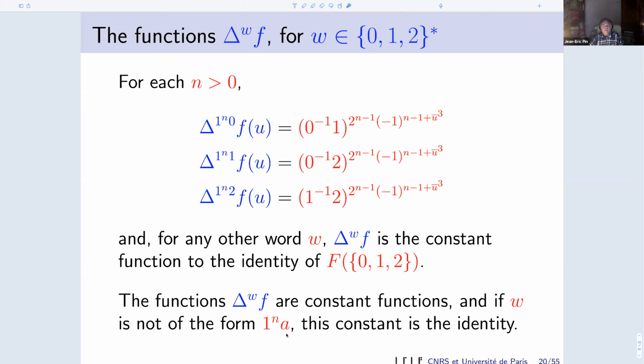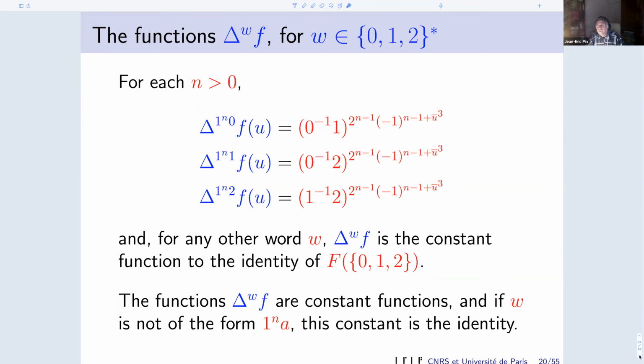So the conclusion is here: the functions delta W are constant functions, and if W is not of this form, this constant is the identity. Okay, we will come back to this example later on.